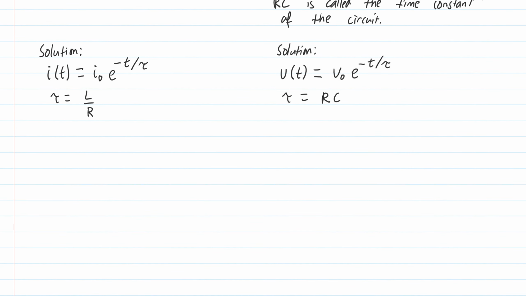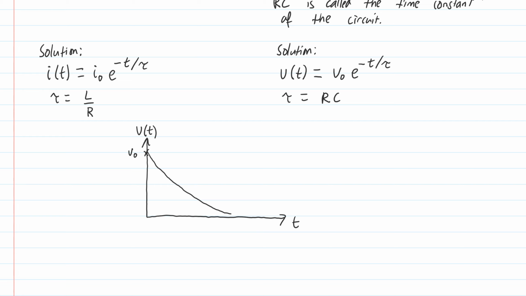In both cases we have quite similar dynamics, and it's worth reflecting on and understanding a little bit about the shape of this sort of decay. As an example, if I take the RC circuit, then I can plot voltage versus time, and we have some initial voltage V0, and then this exponential decay over time.